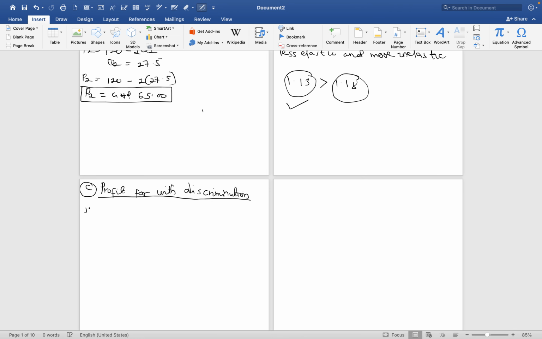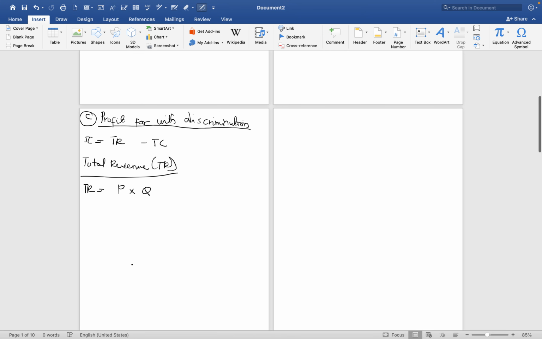So remember that profit is total revenue minus total cost. And with the total revenue, which we all know is price times quantity, remember that with discrimination I stated earlier that we have two prices, and as a result the two prices in the question gave us two total revenues.